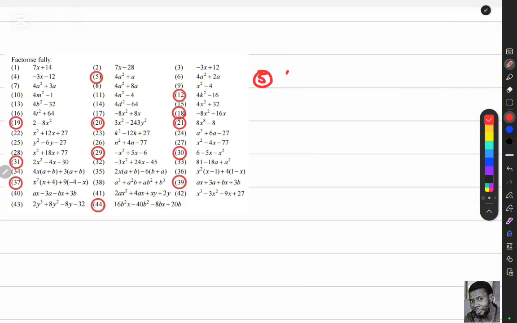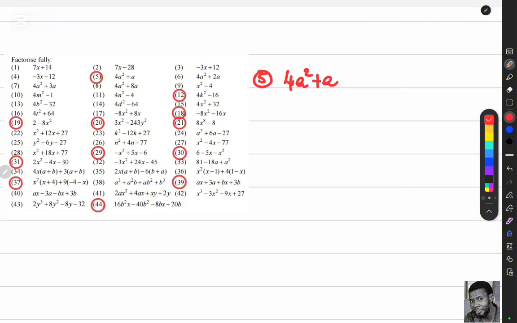which was given as 4a squared plus a. To factorize this, one would have realized that we have a in the two terms. Both terms are carrying a. So the highest common factor will always be the variable with the smaller exponent.